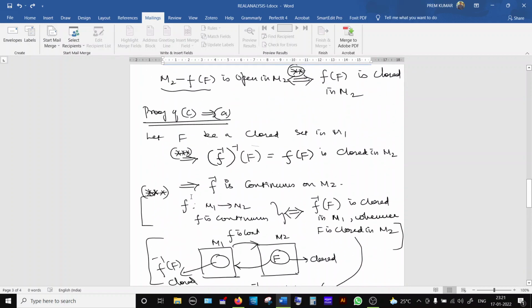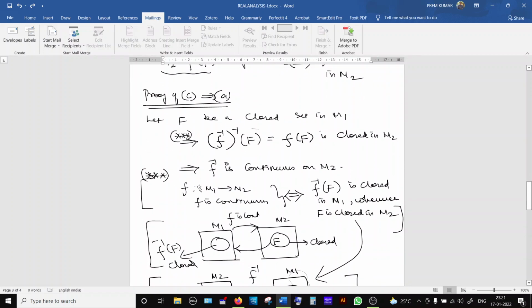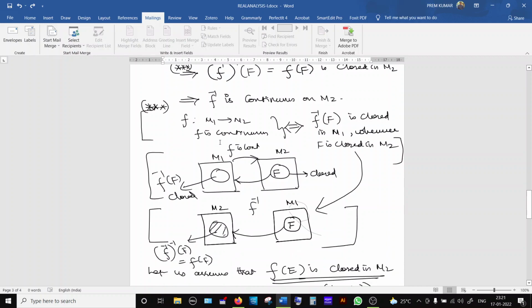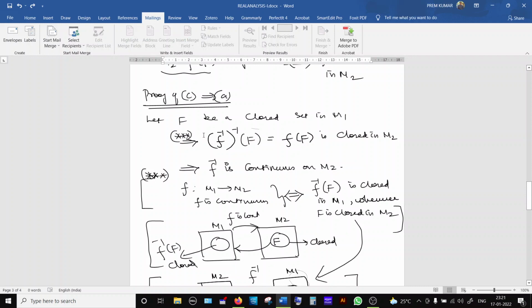First we proved that, so just a second. This is a proof of C implies A. So first, we assume that C is true, and we are going to prove A is true.